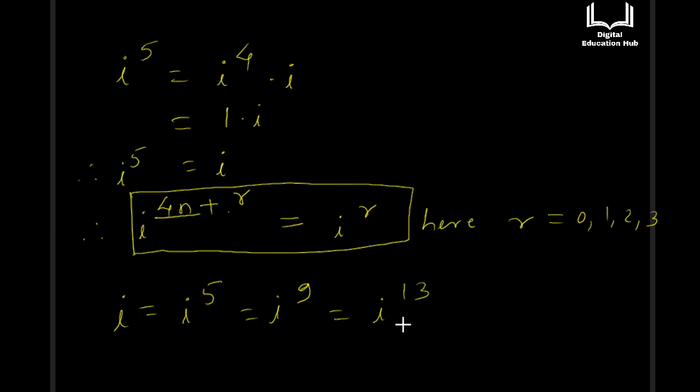So it is periodic in nature. So it has certain properties like this, and then we can expand this concept to the equality of two complex numbers.